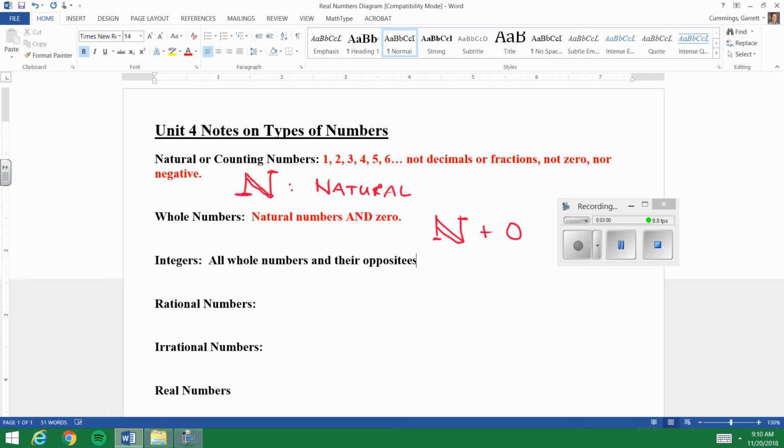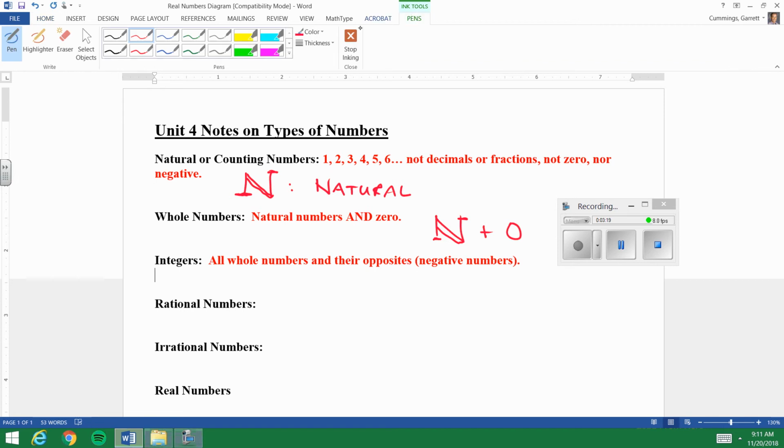So opposites, put negative numbers in parentheses. And there is a fun symbol for the integer class of numbers too.